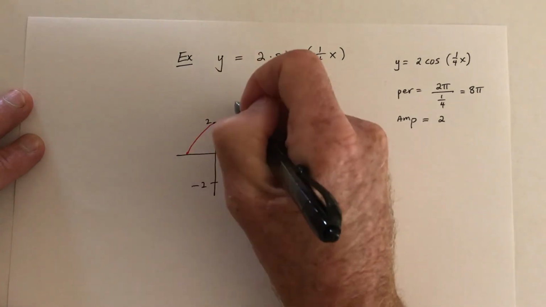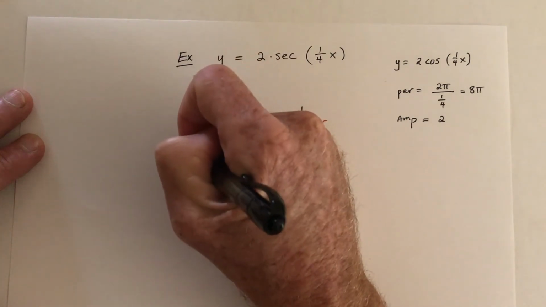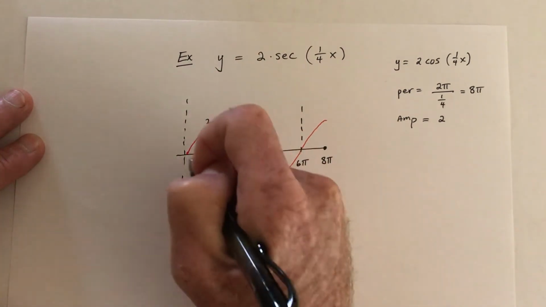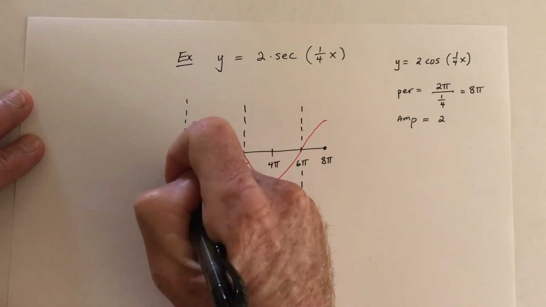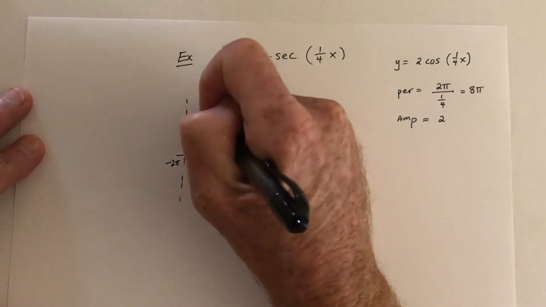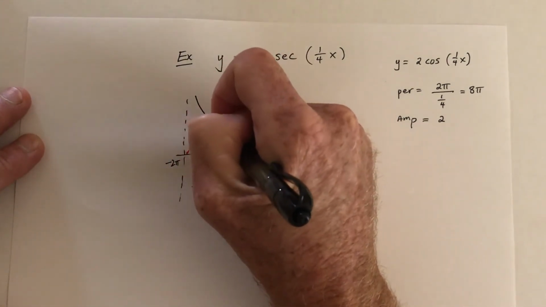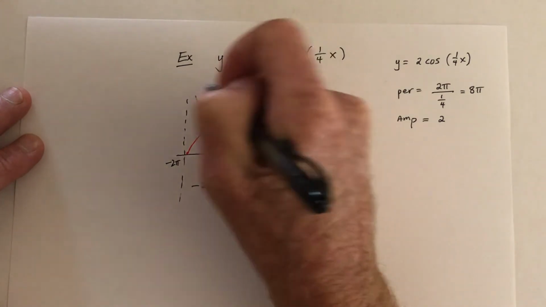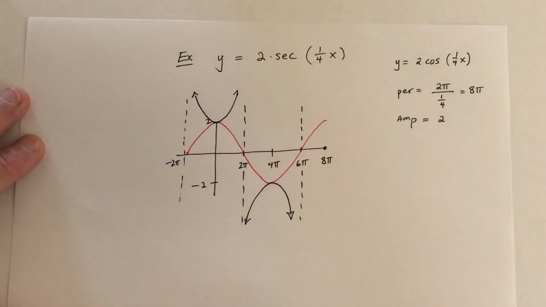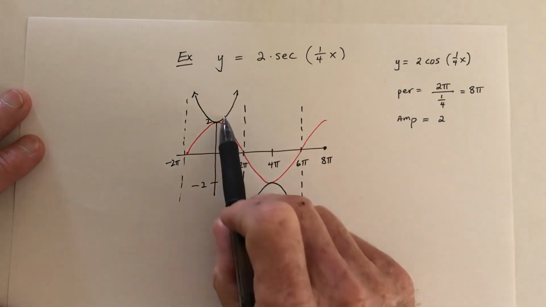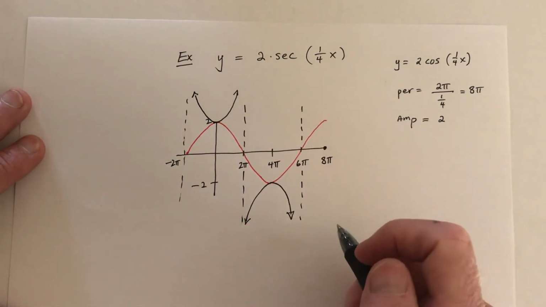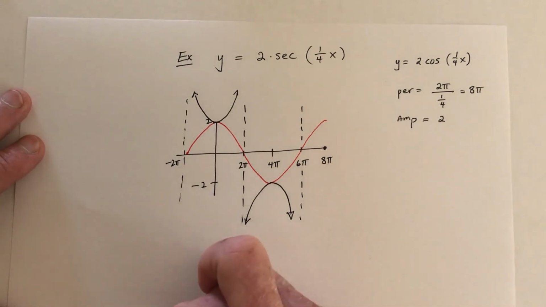And then I need to flip this one, so there would be an asymptote over here, which if that's 2 pi, this is negative 2 pi. And then go like that. And there's the graph in black, these two branches, that's the graph of 2 secant of 1/4 x.